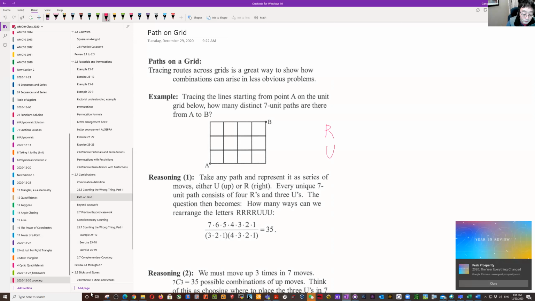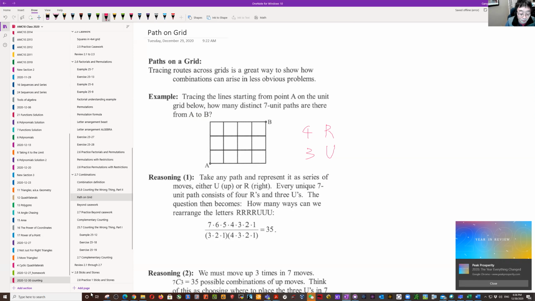So in order to move from A to B, we need a total of 4 R's and 3 U's. So getting a different instruction to move from A to B is equivalent to arranging 4 R's and 3 U's. We actually convert this path problem to a letter arrangement problem, which we already know how to do.